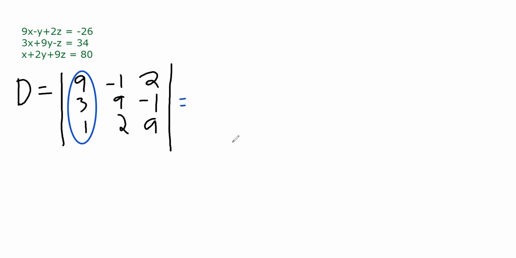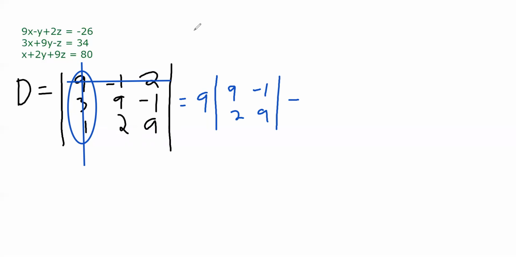So that's going to be equal to, we take the 9, and then remember we delete the row and column temporarily that the 9 is in, and for this leftover little thing here, we take the determinant of that. So we do 9 times the determinant of that little 2 by 2 matrix that's left.